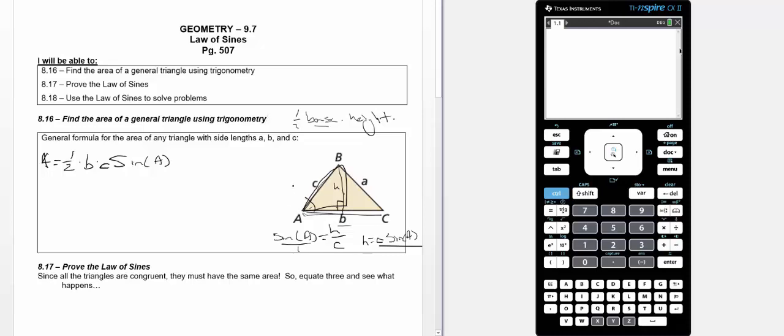I didn't need to use this left triangle. I could have looked at it from the perspective of the other angle. I could have still had this altitude, but done it from angle C's perspective, because here's also a right triangle. I still don't know what this little part is, but from angle C's perspective, if I did sine of C, then sine is opposite over hypotenuse, so h over little a.